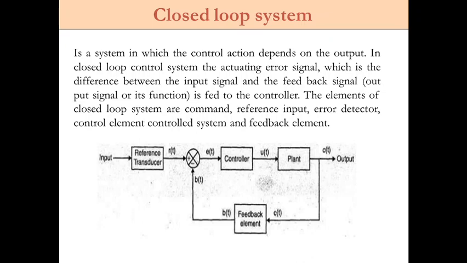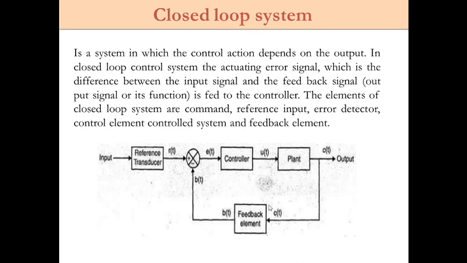Another basic definition: a closed loop system is a system in which the controlling action or input is somehow dependent on the output, or on changes in the output. To have this dependence of input on output, such systems use a feedback property. So here a new word comes: the feedback property, that is, this feedback element.